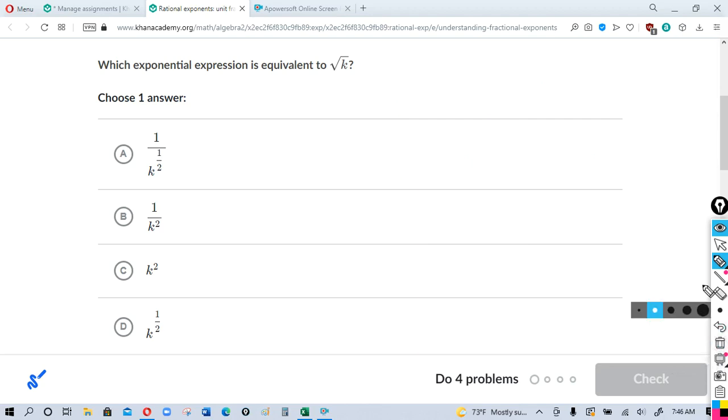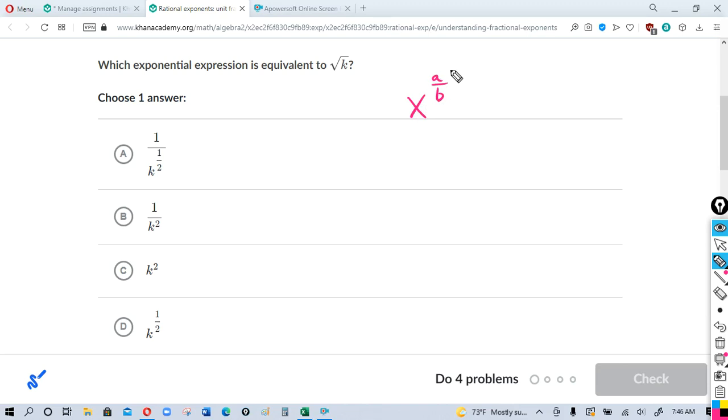Now, for fractional exponents, let's say you have x to the power of a over b, okay?